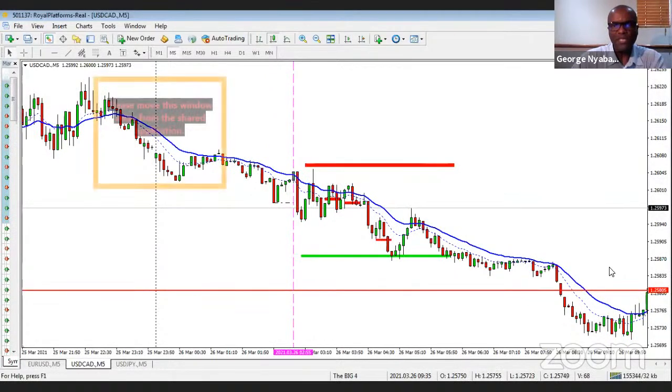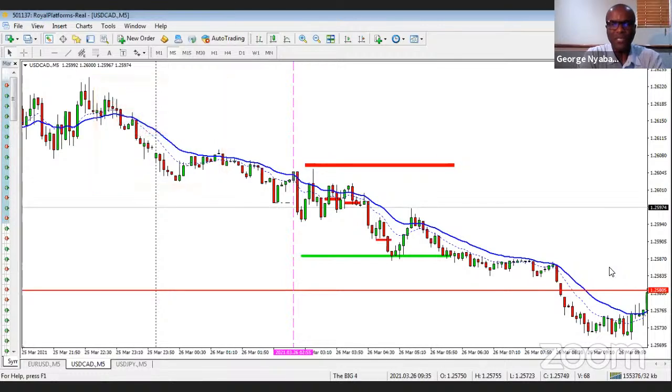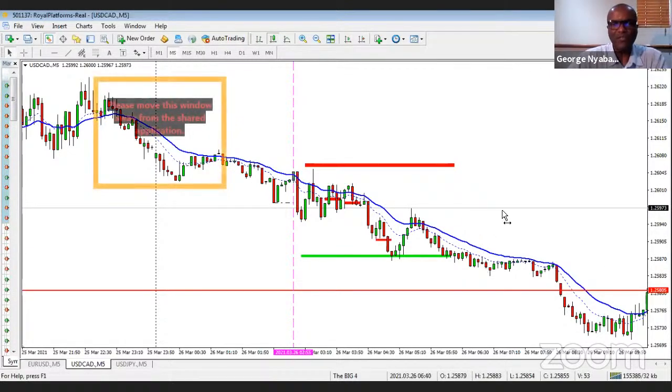So you see, this is the 26th of March. On that particular day, I got up early and I was in the Asian session, which my time GMT is 2 a.m. GMT. So I happened to be fresh and alert, and went to the market to see if there were opportunities. And the market presented itself with pretty good opportunities, which I executed. So what we're going to look at is how it set itself up first.